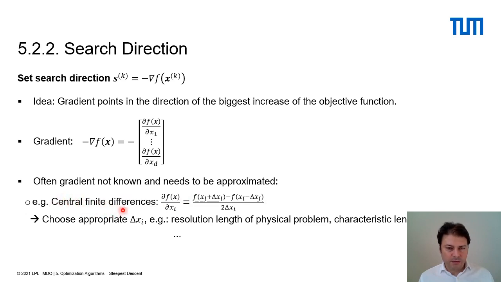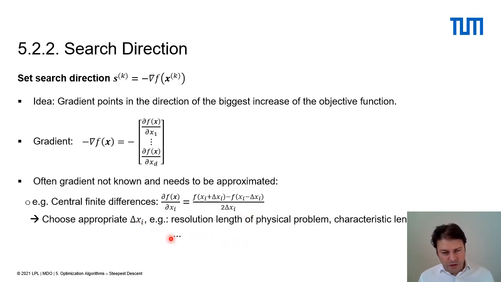One way to do that is that we use central finite differences, where you increase the design variable by a value delta x and decrease a design variable value by a value delta x, and evaluate the function at both design points and divide by the double of the interval size, delta x.